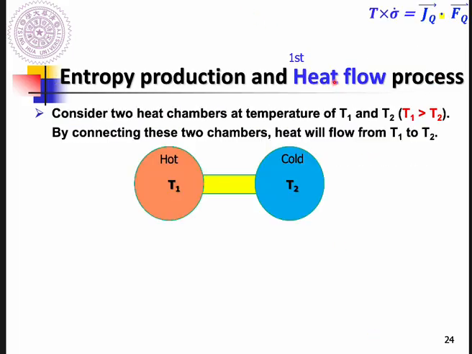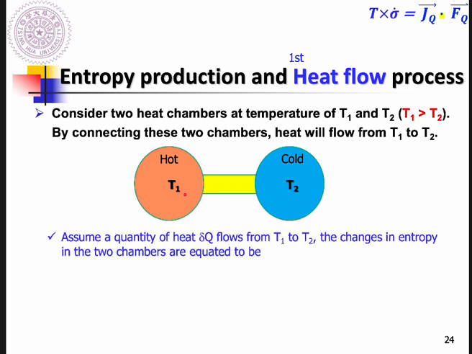What we have here is we consider 2 heat chambers at temperature T1 and T2, and we assume T1 is higher than T2. And we're using a metal bar to connect these 2 chambers.